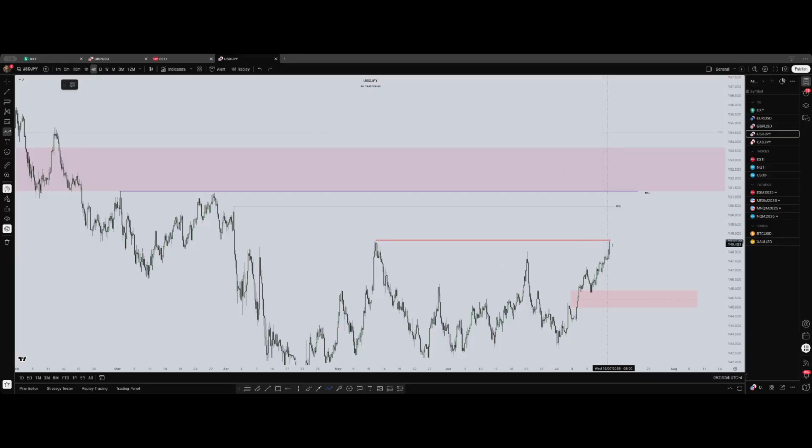It can happen now, price continues higher, or price can retrace and then just go through. But we will wait, no? We need to wait.